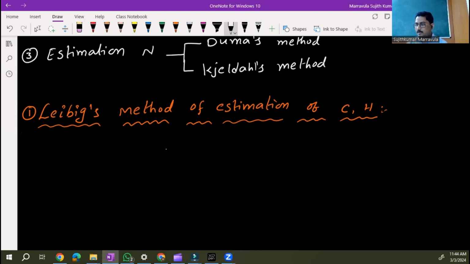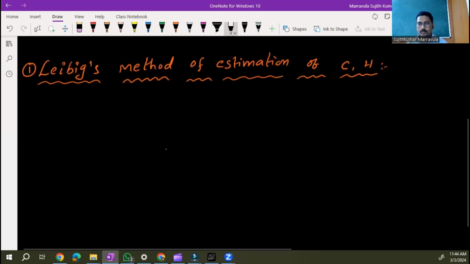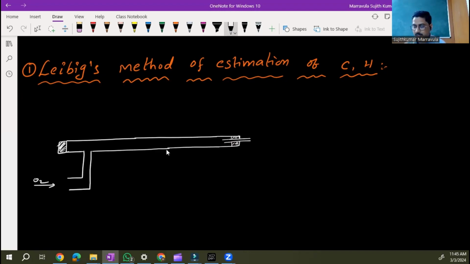For this, here is a simple diagram. Only by conducting the experiment can we estimate the carbon and hydrogen. Here we have to pass atmospheric oxygen, and two U-shaped tubes should be used.